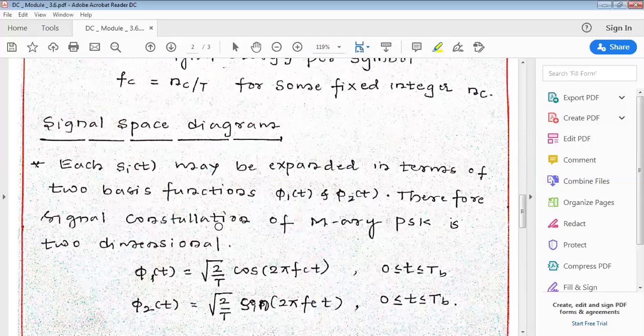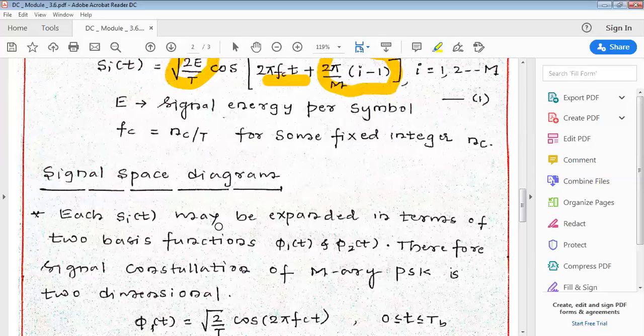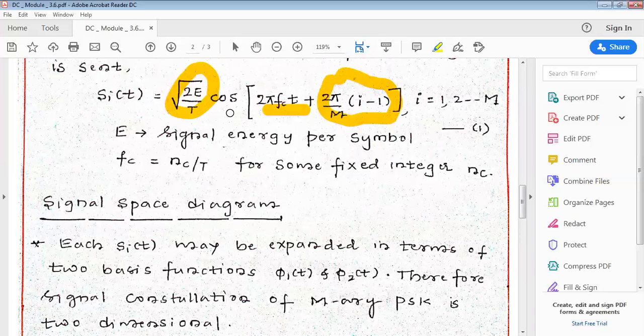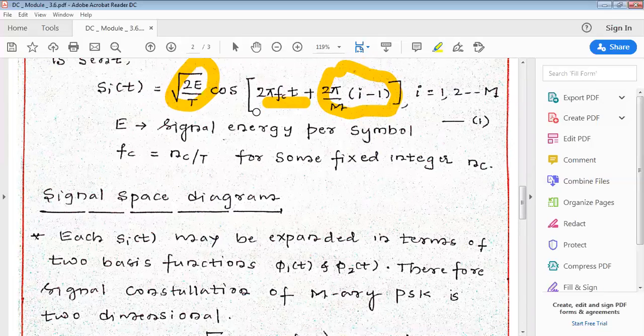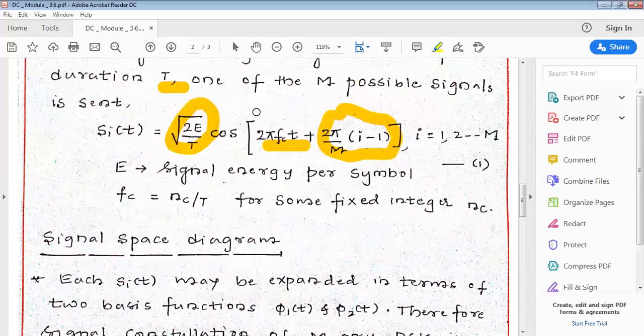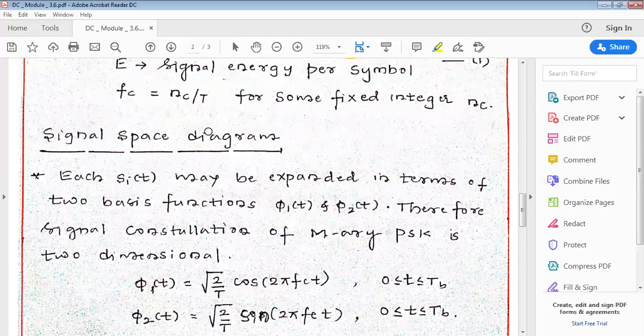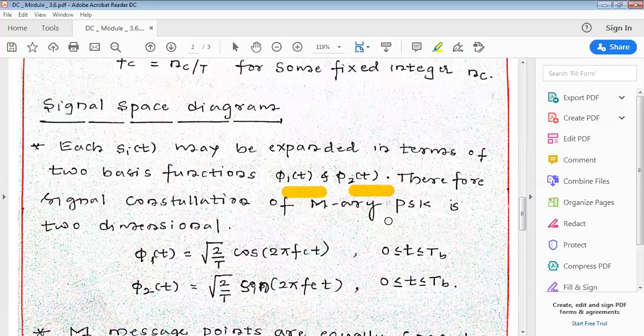Next, coming to the signal space diagram or constellation diagram, let us expand this equation. If you expand equation number 1 using a trigonometric identity, you will have the signal equation si of t in terms of the two basis functions phi 1 of t and phi 2 of t, and there will be a 90-degree phase shift between these two basis functions, right?